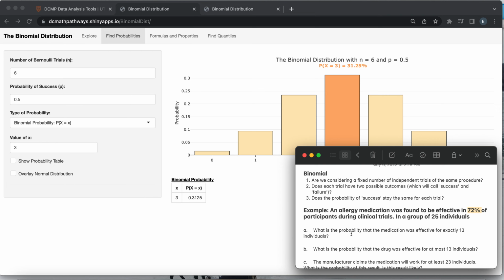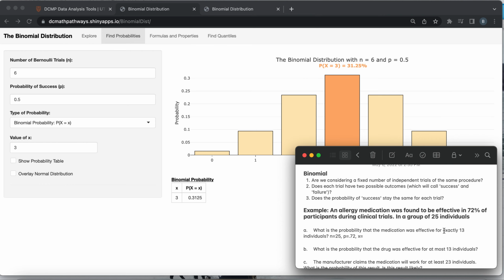So let's go ahead and write these down in this situation. First, our n is going to be the number of trials, which we have 25 total trials, total people, so that's going to be our n. Our p is going to be that percent changed to decimal form, so move the decimal over twice to the left to get 0.72. And then our x value is going to be what our question is asking. This one will change based on the ABC.